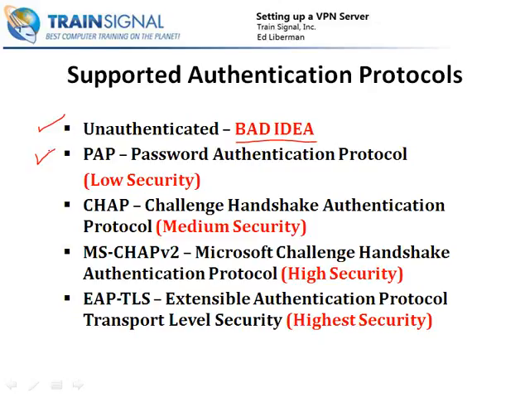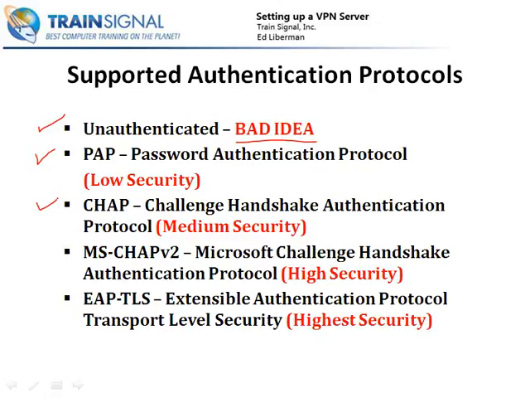So if we wanted to move up one level, we could go to CHAP, which is the Challenge Handshake Authentication Protocol, which I have listed as medium security. At least in this case, there's some level of negotiation that takes place between the client and the server, and the credentials are not passed in pure plain text. So you have a little bit more security there, but because CHAP is an open standard to where any operating system can use it, we're somewhat limited on those rules because they need to support everybody.